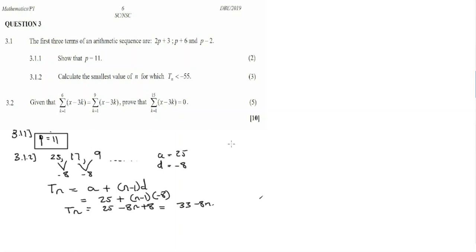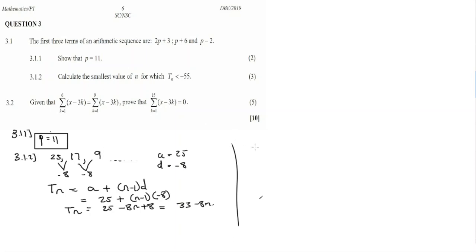Now I can calculate the smallest value of n for which the n term is less than negative 55. There's a term a less than negative 55. Ngifuna ukwazi ukuthi yiphi leyo term a less than negative 55, right? Leyo term angiyazi, that's why kumele ngicalculate n term iqala so that I can find that term.